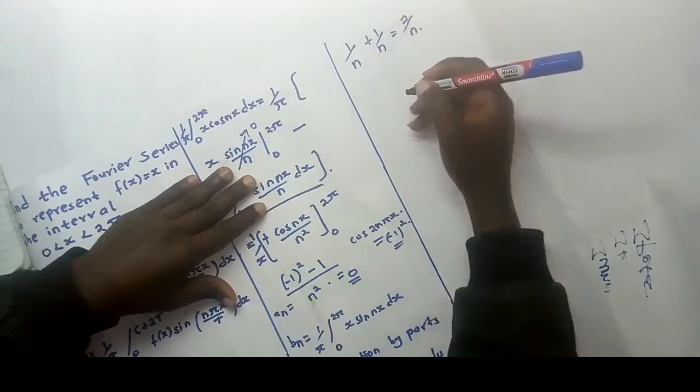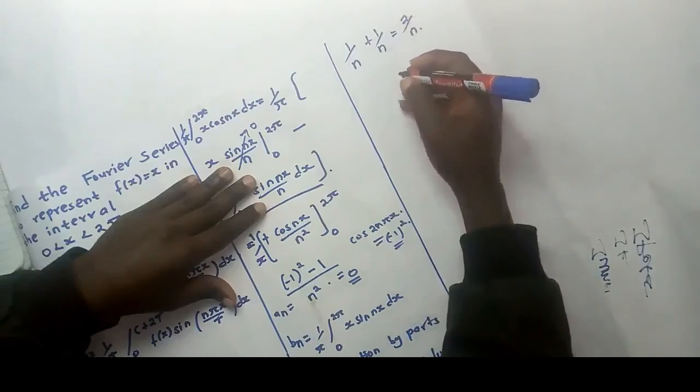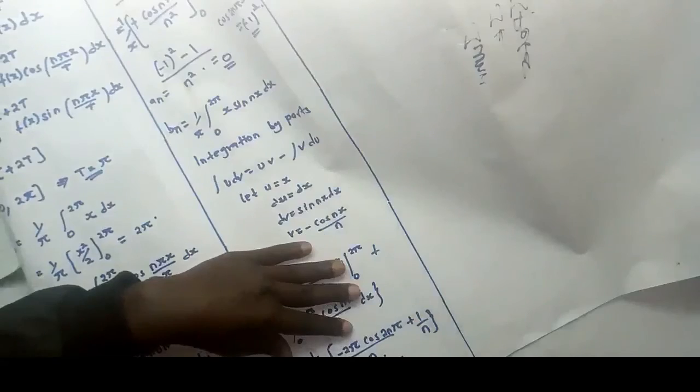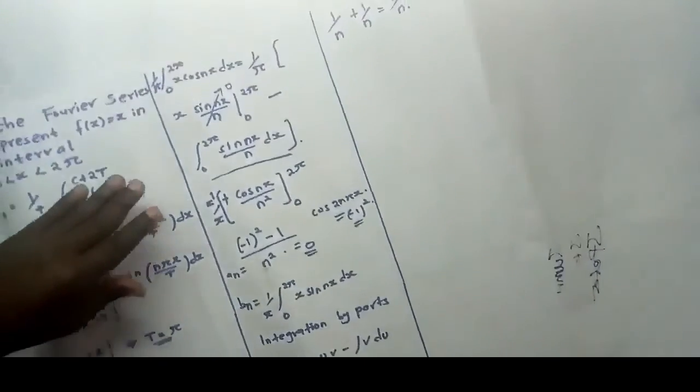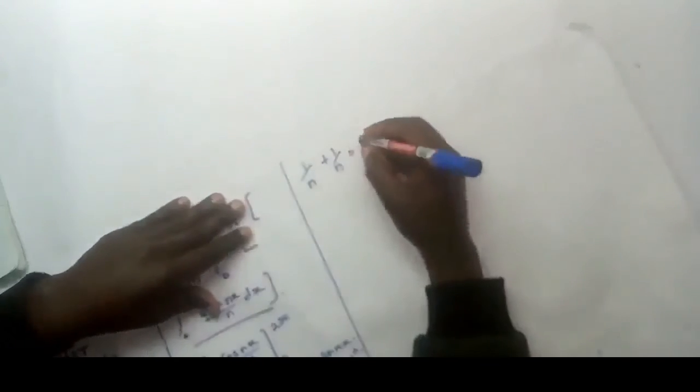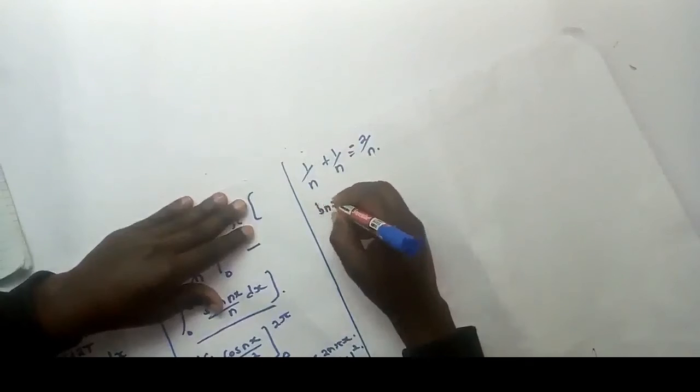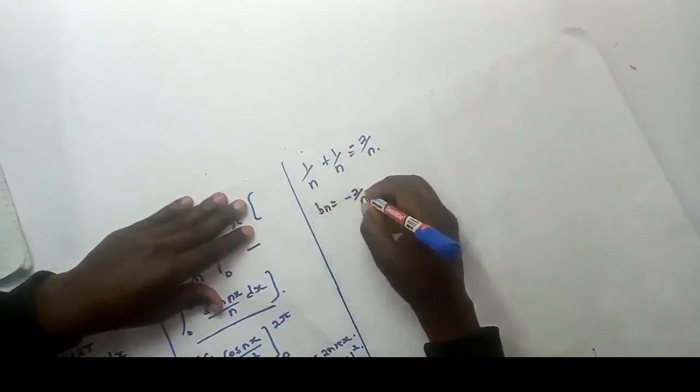But for the second part, for the sine, you'll get a 0, so we cancel this. For the cos, we get a 2 pi over n. So bn will now be negative 2 over n.